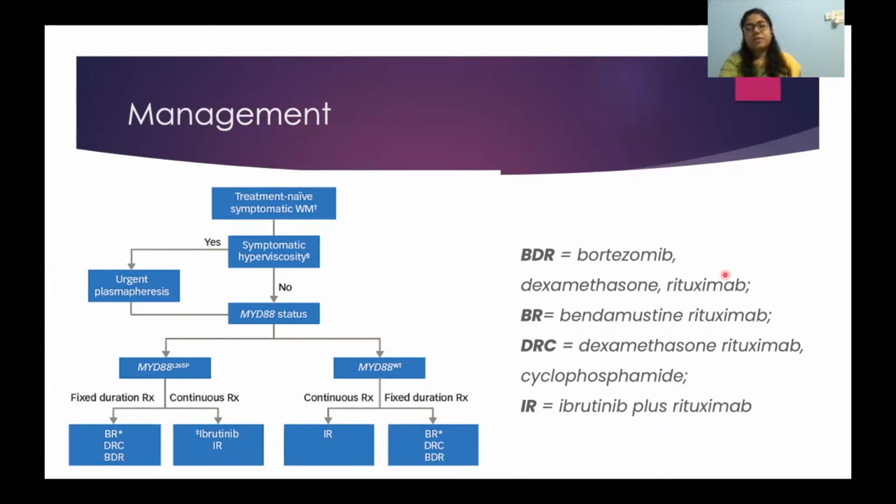Rituximab is mostly put into whatever combination you are giving. Steroids like dexamethasone can be added, and other drugs like bortezomib, bendamustine, cyclophosphamide, ibrutinib can all be given in combination for treating these patients.